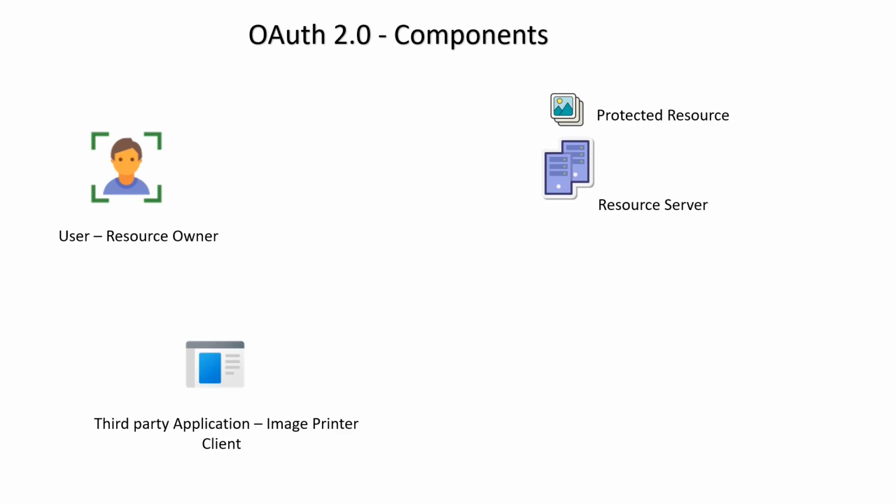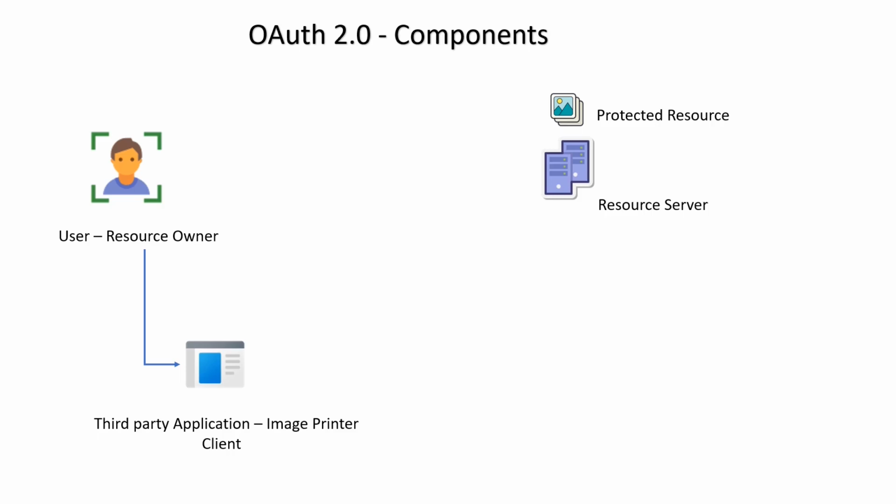Then we have a user who is the resource owner, the owner of this particular resource. Then we have a third-party application which wants to access the pictures on the resource server. Now the resource owner sends an instruction to the third-party application to please print a few photographs, right? But the third-party application needs to access the photographs before it can print them.